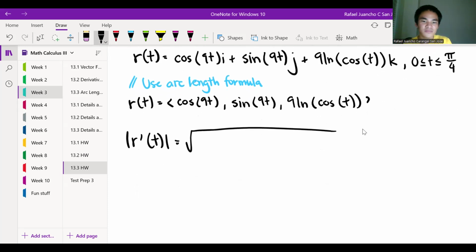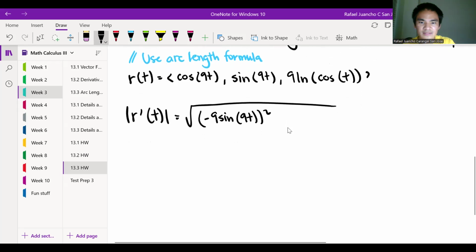Ooh, this one's tricky. So we get the derivative of this thing, and then squaring it. So this is negative 9 sine 9t. Should be fine, right?